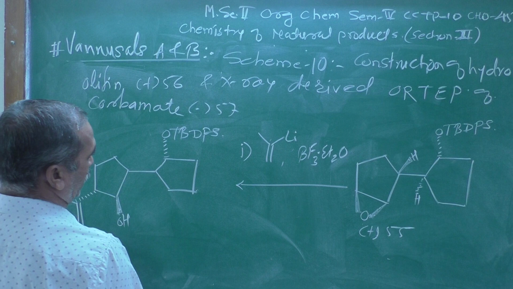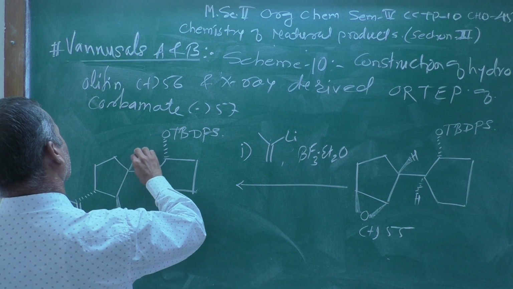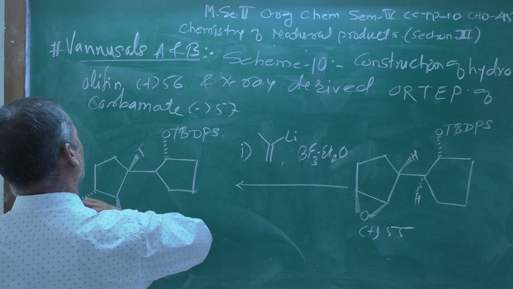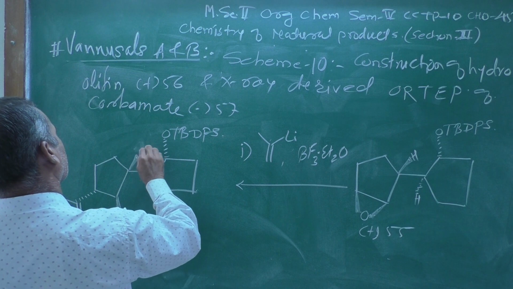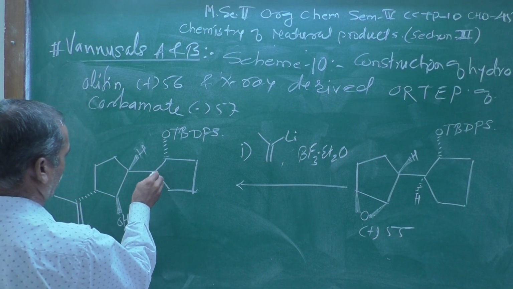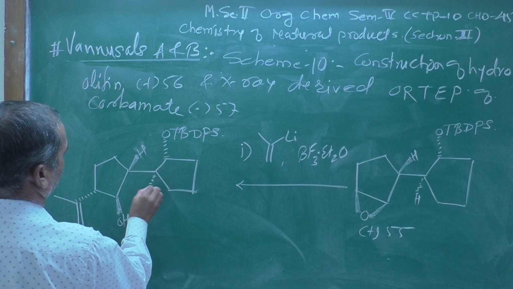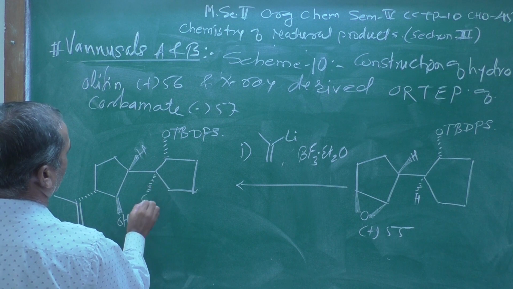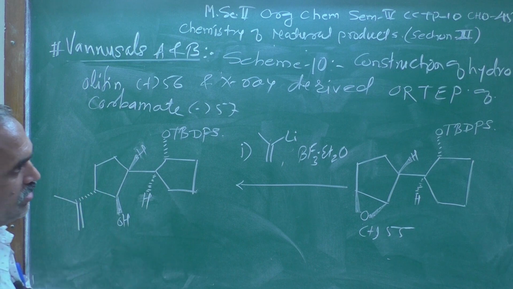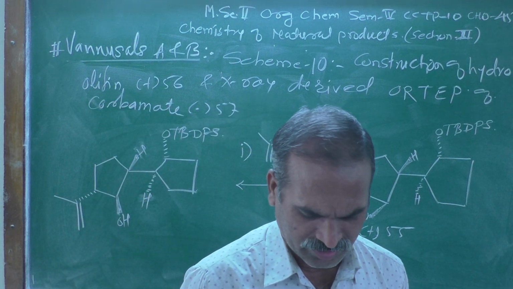That is the requirement, or the demand of our target molecule Vanucell B. So here there is a hydrogen atom that remains as it is above the plane, and another hydrogen atom that goes below the plane, which is represented here like this.